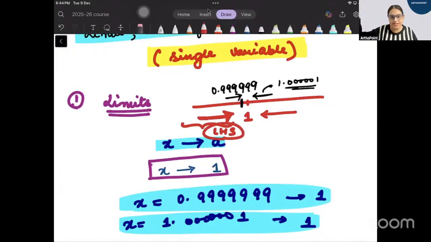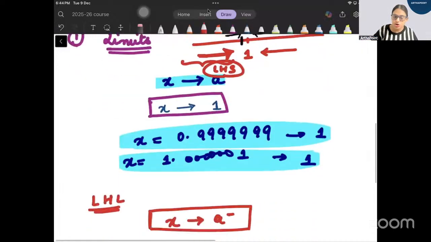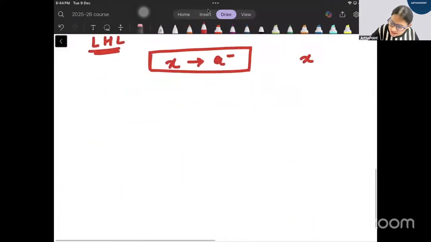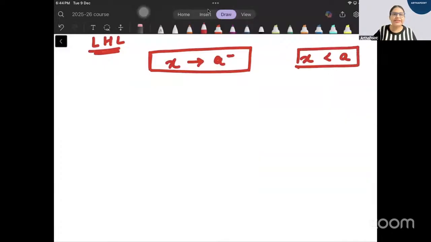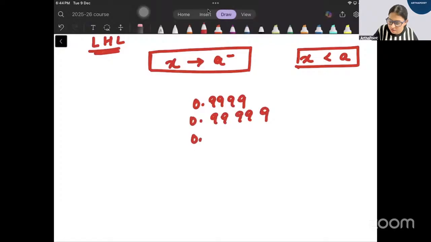So we are taking all values close enough to 1, but less than 1, right? So here we mean that x is less than 1. If we are approaching 1, but taking values less than 1, we can take the value 0.9999. We can take the value 0.99999. So it can be as close to 1 as possible, but less than 1. Then it is called as left hand limit.